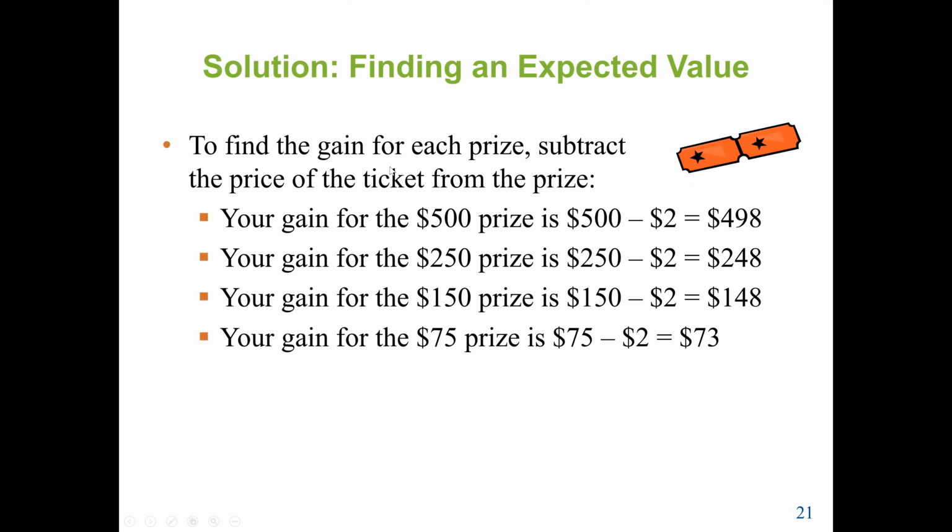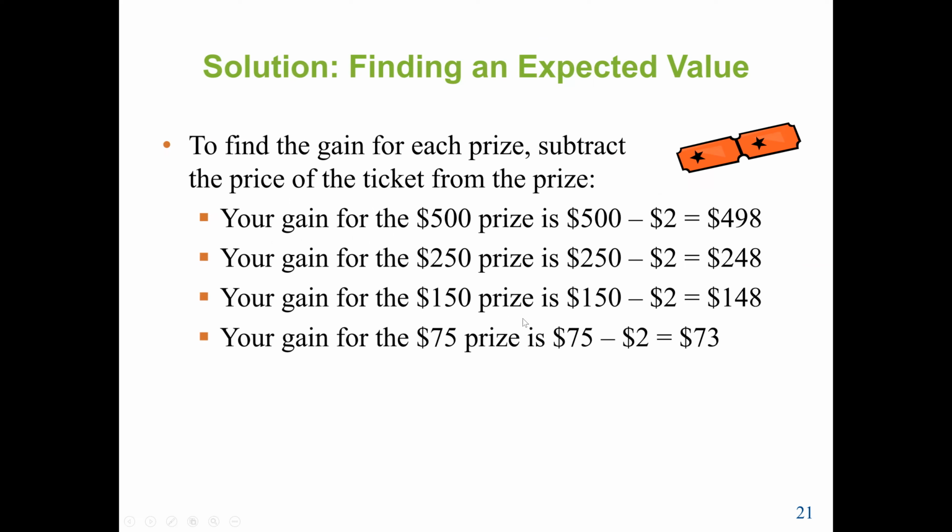But for example, the first gain, the highest prize is 500. So if I subtract 2 from 500, that's my possible highest gain, 498. The second prize is 250. If I subtract 2 from 250, then I can get a $248 gain. The third prize was 150.